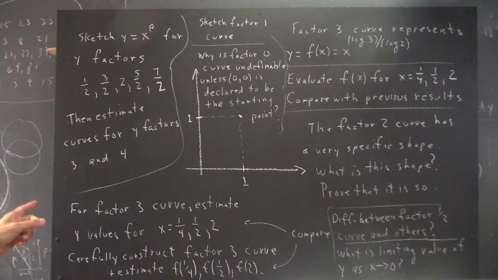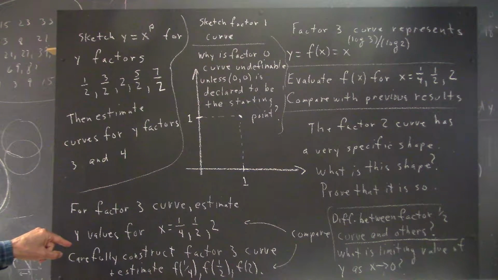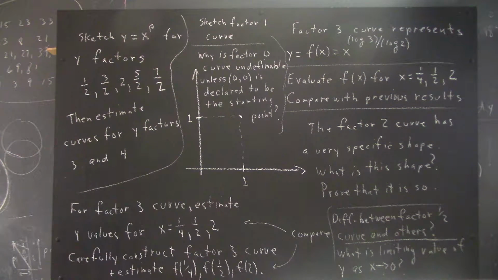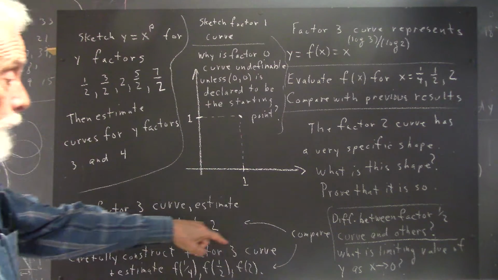Okay, then, having done all this, for the factor 3 curve, I want you to estimate the y values for x values 1/4, 1 half, and 2. Okay? Then, having made those estimates, I want you to carefully construct the factor 3 curve.